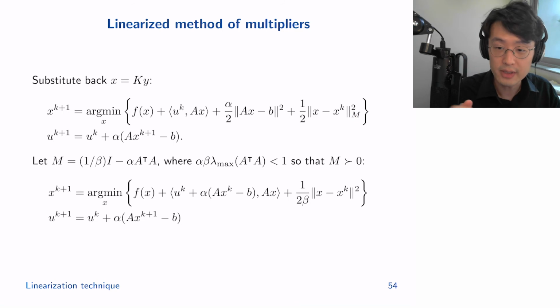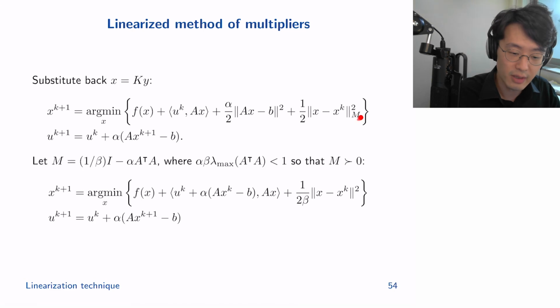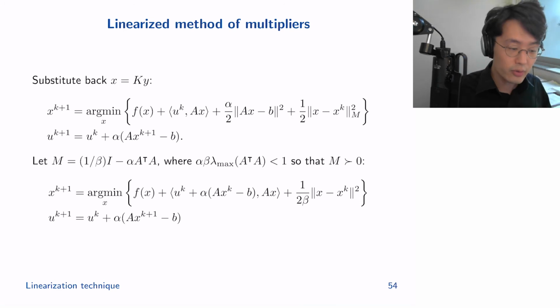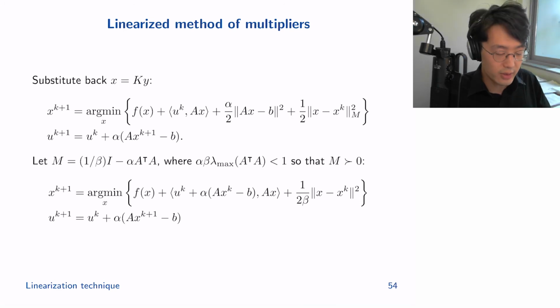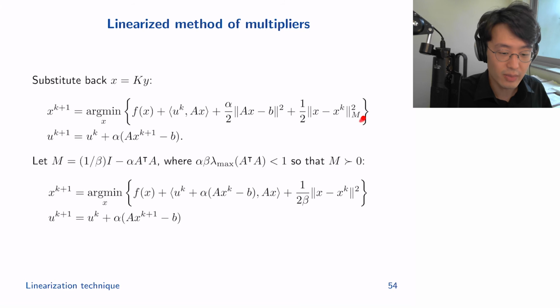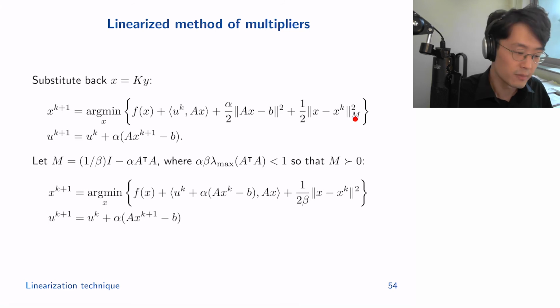If we had not done this, if we just applied the proximal method of multipliers directly to the original problem, then instead of getting the metric M here, we would have just gotten the regular norm squared. So through this reparameterization trick, we are able to get this metric matrix M, but this choice is arbitrary so long as M is positive definite. So we make this choice, M is 1 over beta I minus alpha A transpose A, subject to this condition to ensure that the metric matrix M is positive definite.